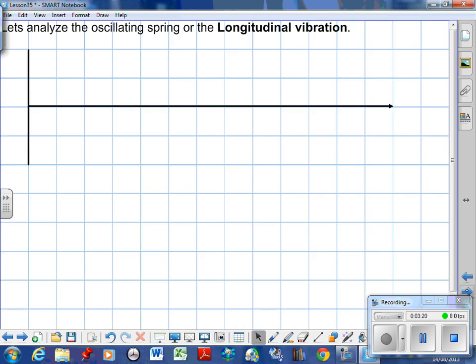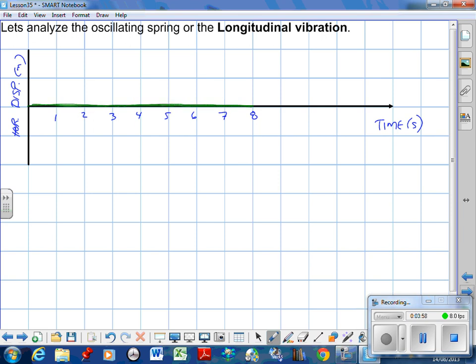All right. Next I want to talk about the oscillating spring, or the longitudinal vibration. Now, the longitudinal vibration is not overly exciting, to be quite honest, because if we put our horizontal displacement here in meters, and time here in seconds, with the same numbering system, 5, 6, 7, 8 seconds, you get a flat line, because the spring never leaves its natural rest position, so it doesn't have any horizontal displacement.